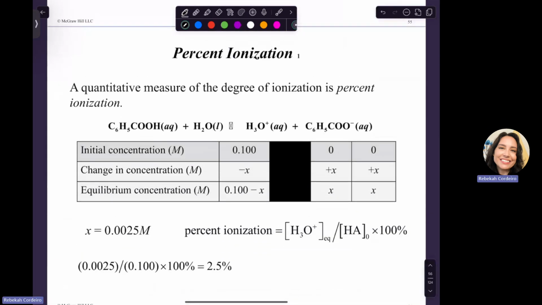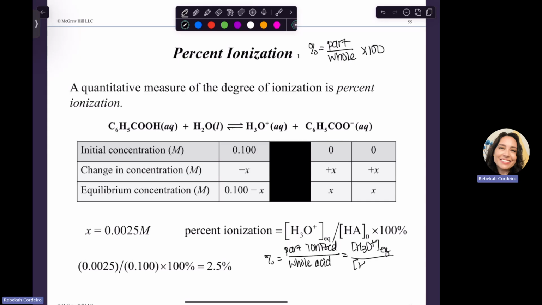Percent ionization is basically of the amount you started with, how much ionized. Percent is always a part over a whole times 100. So my percent is the part that ionized over the whole acid, which would be the equilibrium ion concentration over the initial concentration, so concentration at time 0.